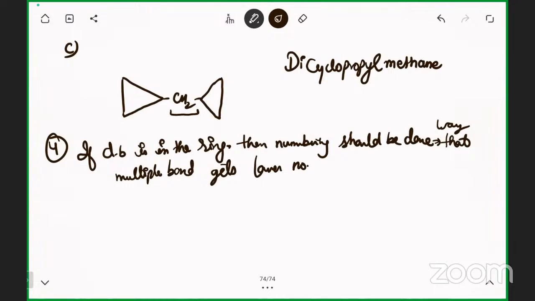The numbering should be done in such a way that the double bond will get the lower number. So just look at what I'm doing.